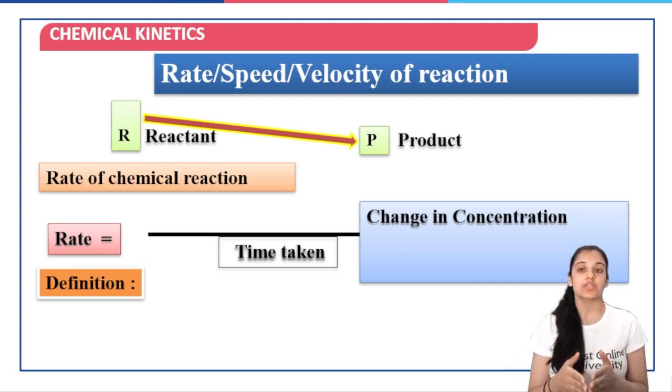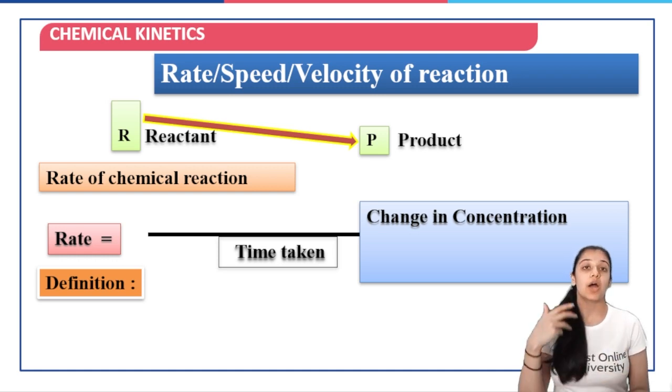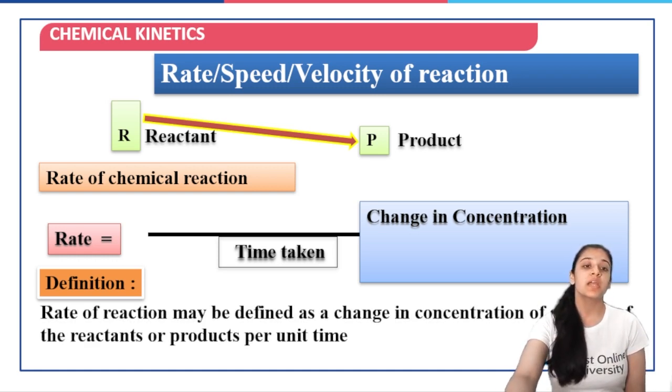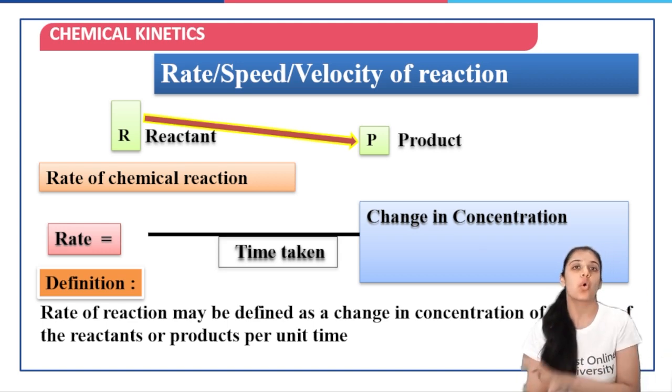So the change in concentration divided by the time taken will give me the rate of reaction. How do we define a rate of reaction? A rate of reaction may be defined as the change in concentration of any one of the reactants or products per unit time. So we do not have to take into consideration all the reactants and all the products.